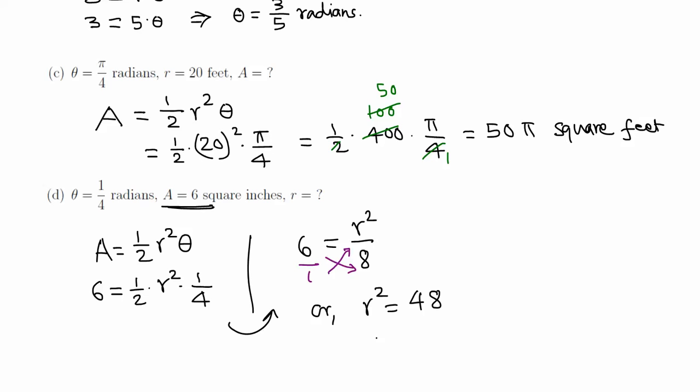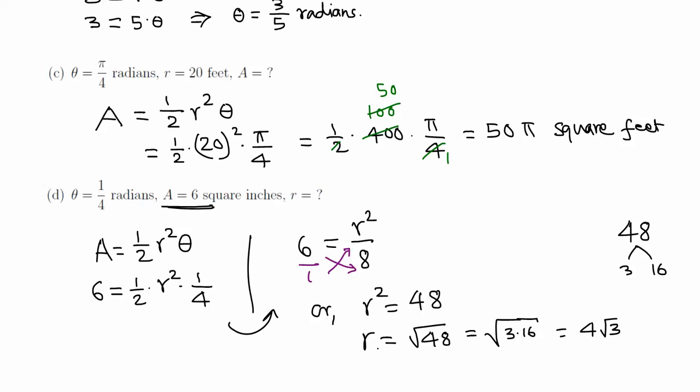Now take the square root of both sides, so r equals square root of 48, and we simplify this, don't go for decimals. 48 is not a perfect square, but let's try 2 times 24. 24 is not a perfect square. 3 times 16, 16 times 3 is 48, and 16 is a perfect square, so we can go for square root of 3 times 16. Now square root of 16 is 4, so 4 root 3, and the unit is inches. 4 root 3 inches. Final.